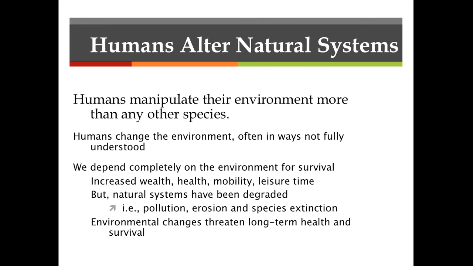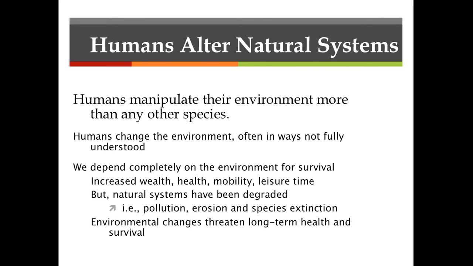So, for instance, intentionally, we add fertilizer to our soil, but unintentionally, we have activities that are going to generate pollution, which is going to change our environment. We also convert land from its natural state into urban, suburban, and agricultural areas.